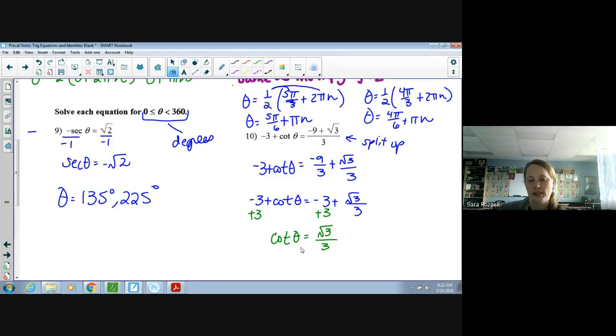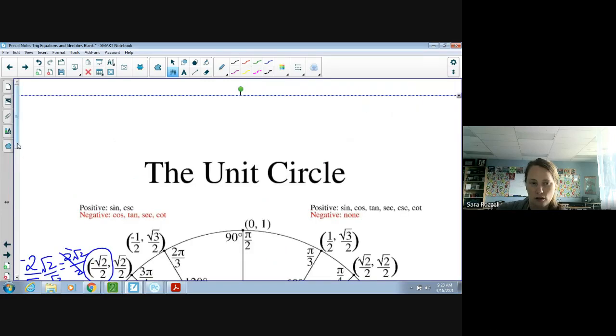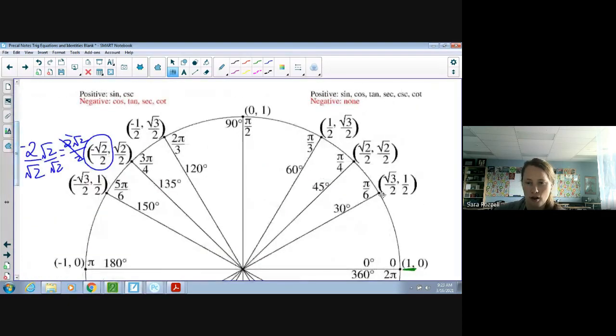Cotangent, remember, is x over y. So let's find out where x over y is √3 over 3. So this one is 1 over √3. This one is √2 over 2. √2.